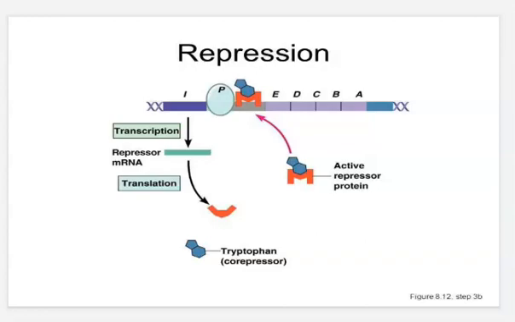When it binds with the active repressor protein, you can see the genetic sequence chain. When the active repressor protein acts on the genetic sequence, at that time it prevents the further production of any enzyme.